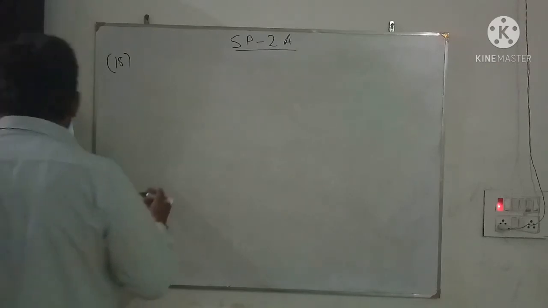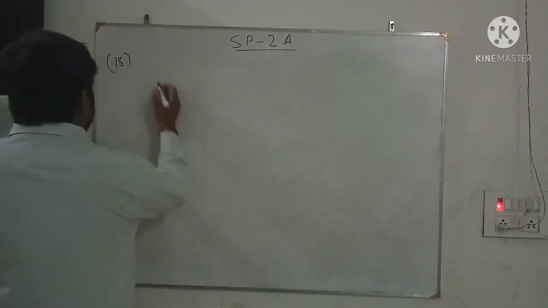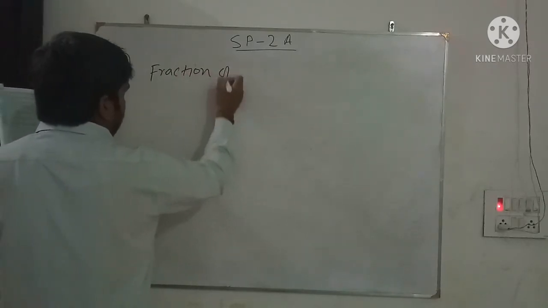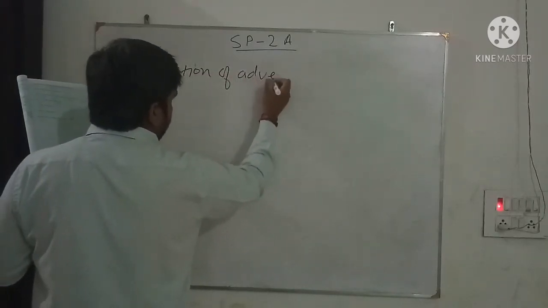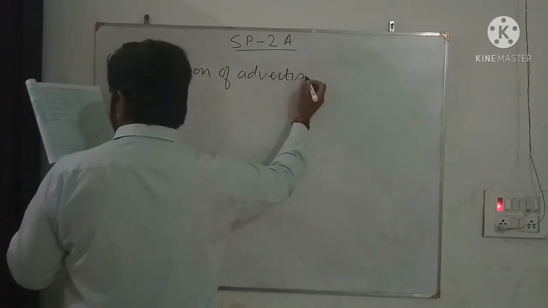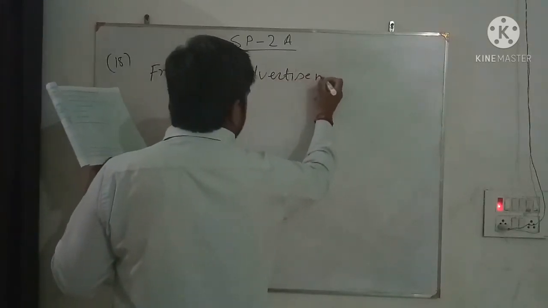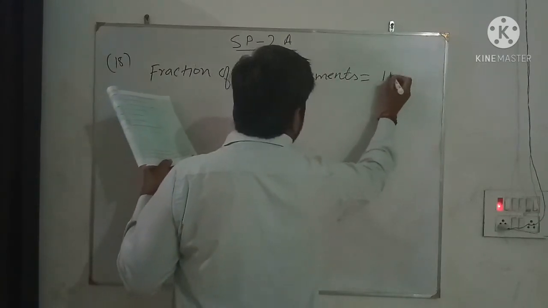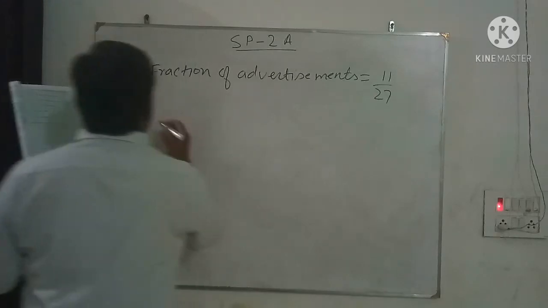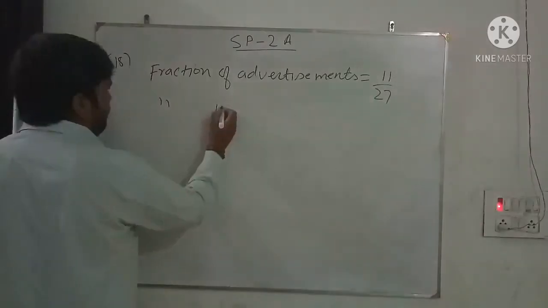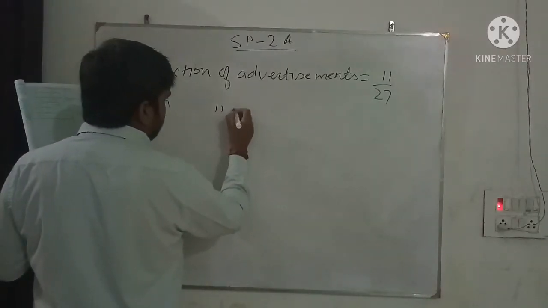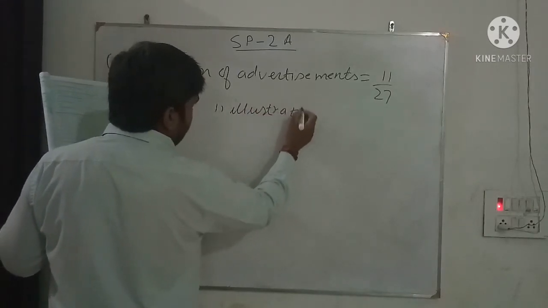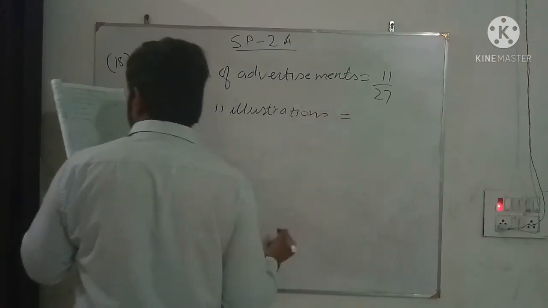So again, fraction of advertisements equals to 11 by 27. Now fraction of illustrations equals to how much part? 1 by 3.